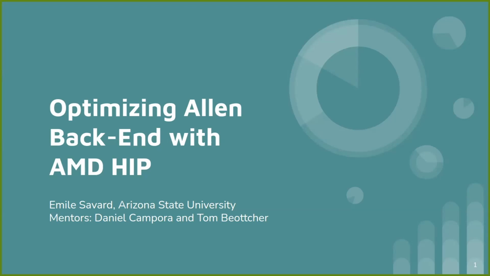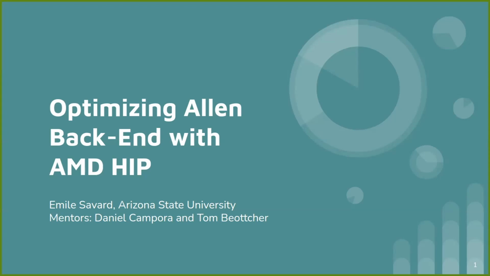We set Emile to figuring out how to optimize Allen for AMD GPUs, which is very important because if we want to purchase GPUs and use them in our experiment, we need to be able to have a competitive tender process. So this is really high impact work.